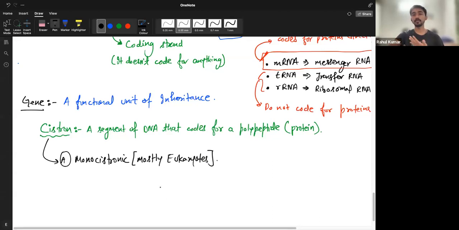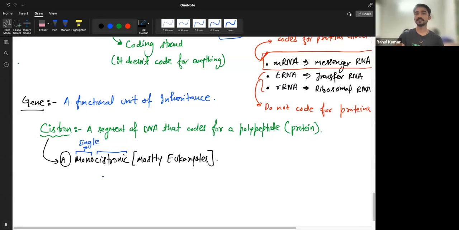Okay, we are monocistronic. Now, what does the word mono mean? Mono means, yes, single or one, and cistronic means cistron, it's written just above it in green, a segment of DNA that codes for a protein.